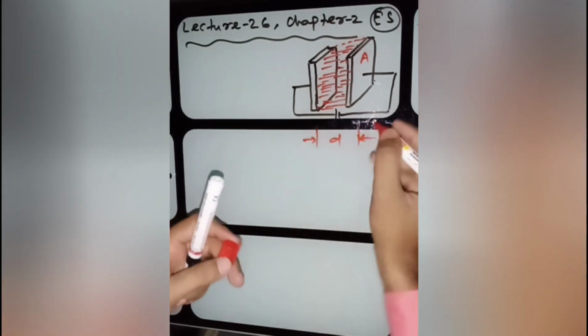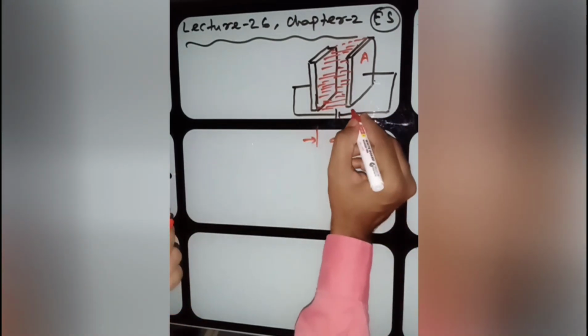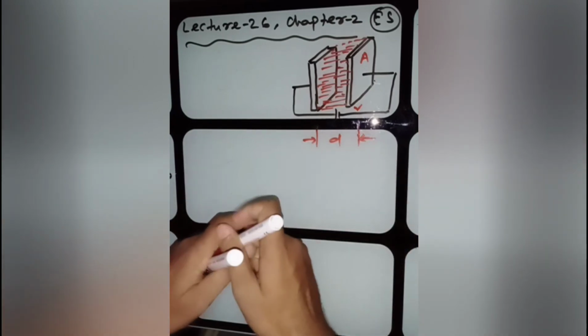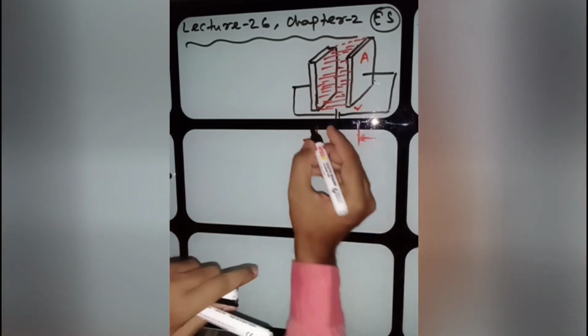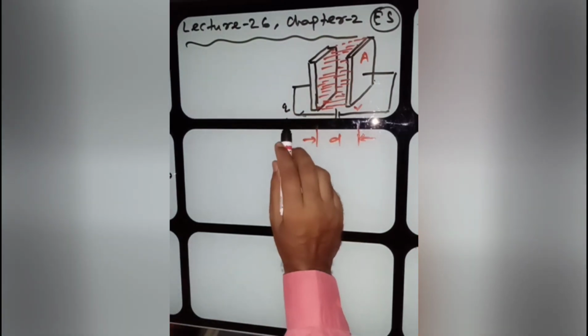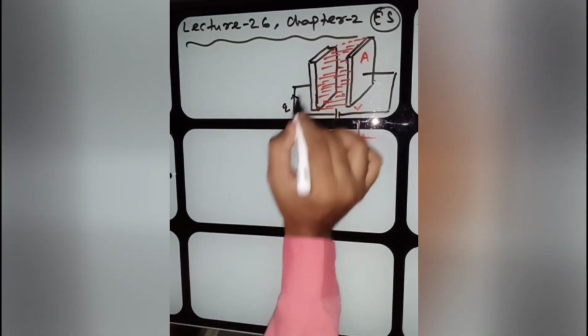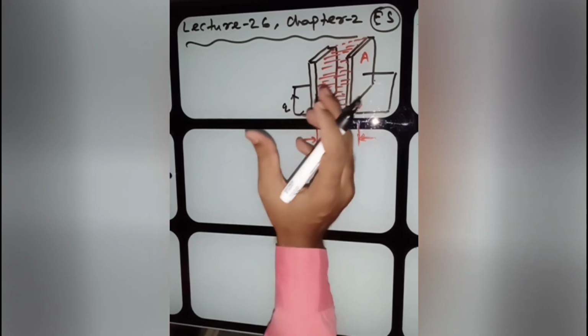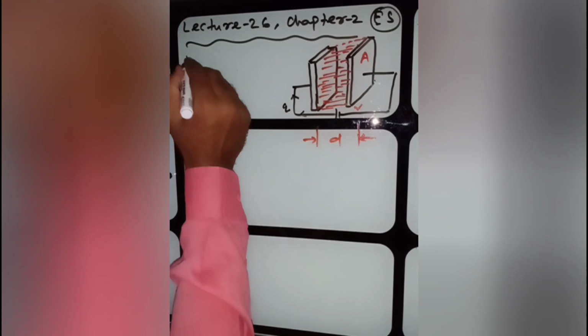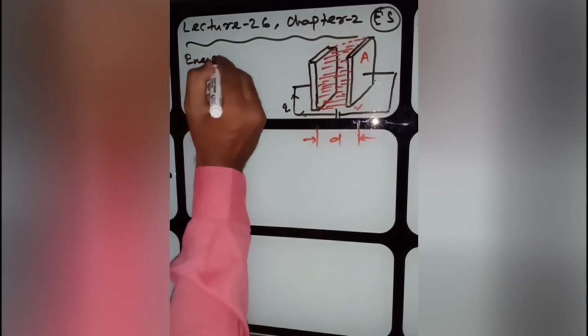Now my dear students, if voltage V is given between the two plates, suppose at any instant charge starts flowing by a small amount q, and this charge flowing towards the plate will maintain a potential. What we are going to derive here is energy and energy density.